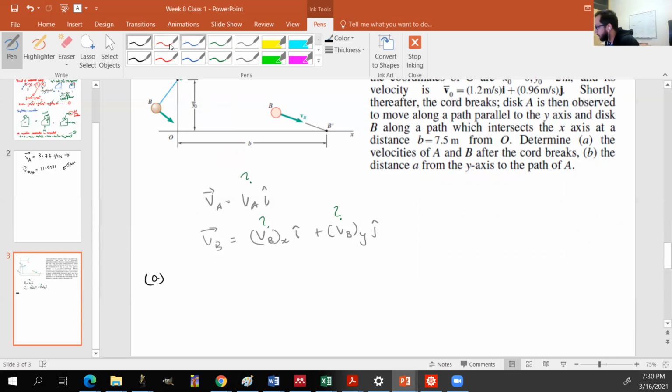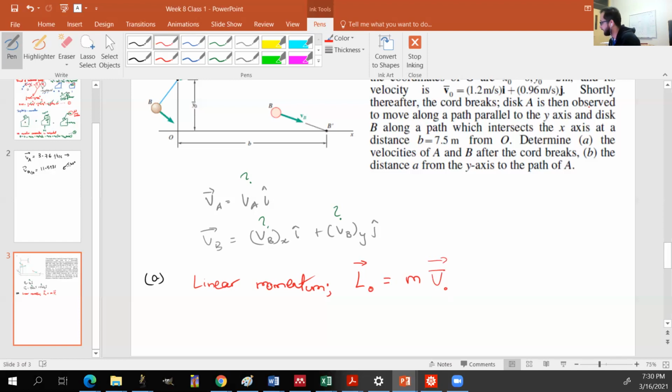So the original momentum of the system, if you look at the linear momentum, is given to us because you know what the velocity is. So you can say that the linear momentum, L naught in vector form, is just equal to the mass of the system times your velocity vector, V bar.